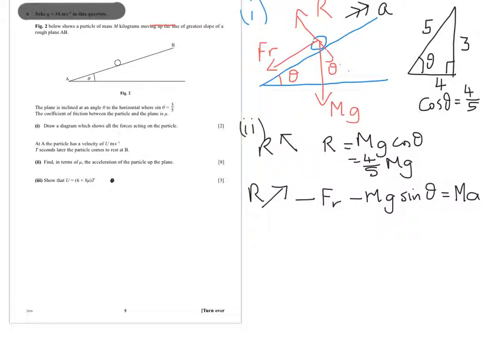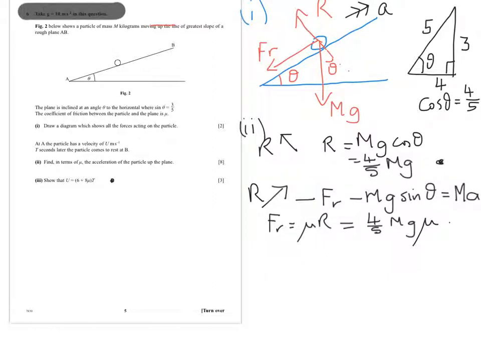So thirdly then, and we'll put in the sine theta afterwards, we're told that the coefficient of friction is equal to mu, so the friction is equal to mu times R. And if we bring in R from this first equation, we're going to get the friction is 4/5 mg times mu.